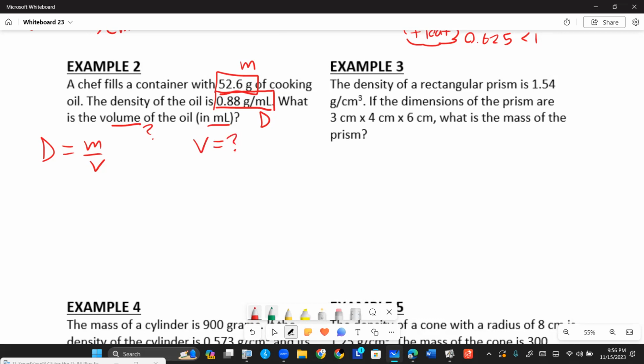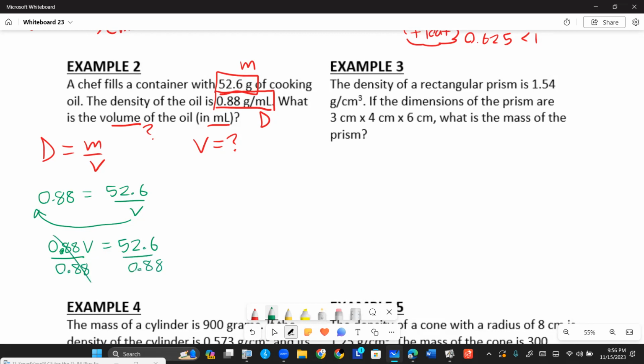We have 2 of the 3 things, so we'll plug in what we have. Our density is going to be 0.88, so I'm going to put 0.88 over here. We're going to set that equal to 52.6 divided by V. Now to solve for V, I'm going to multiply the V up here by the 0.88. So 0.88 V is equal to 52.6. The next thing I can do is divide both sides by 0.88 to get what the volume is going to be.